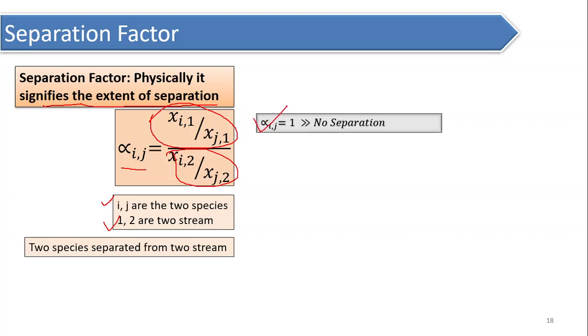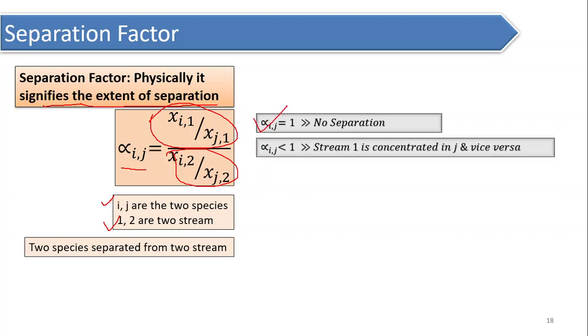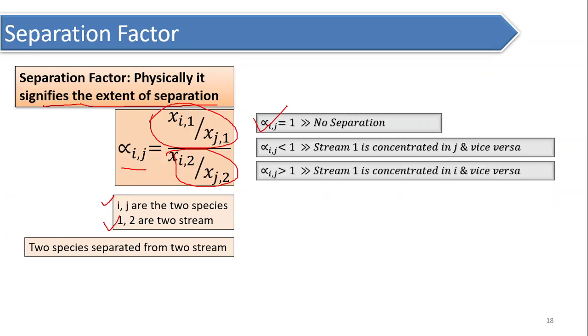And if alpha ij is less than 1, it means that stream 1 is concentrated with j and stream 2 is concentrated with i. And if this alpha value is greater than 1, it means that stream 1 is concentrated with i and stream 2 is concentrated with j. It's a very simple and understandable thing, you can understand very easily by putting in all these values. So this is all about the separation factor.